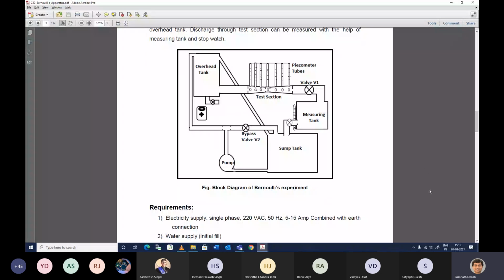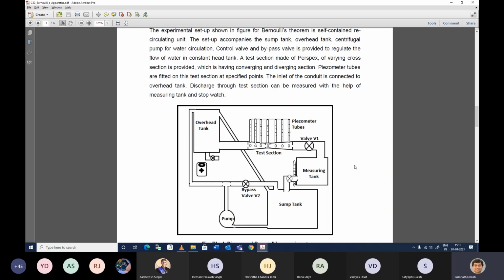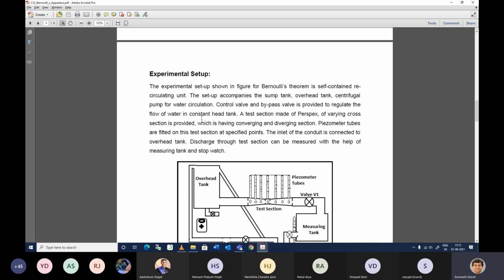Right, sir. So even in the experimental video, it is very nicely mentioned what components you need for this setup. By the way, did anyone read those manuals? There is a sentence here. If you read and try to understand why, I will let you know later.